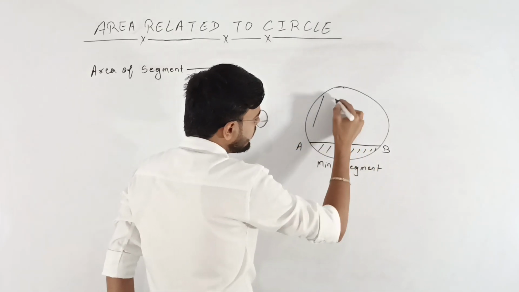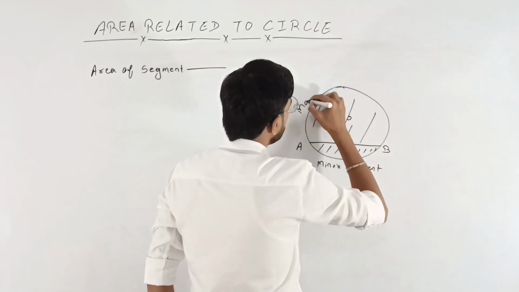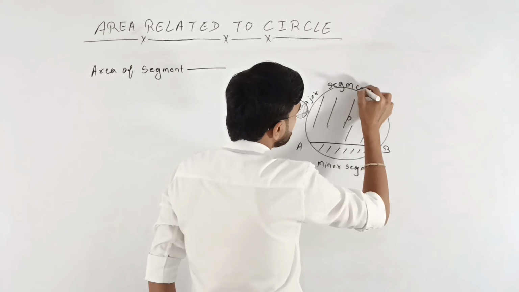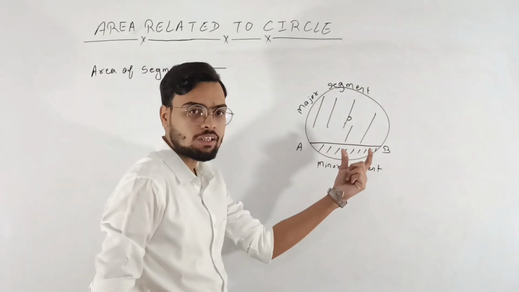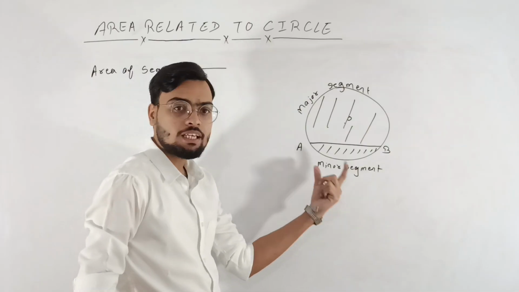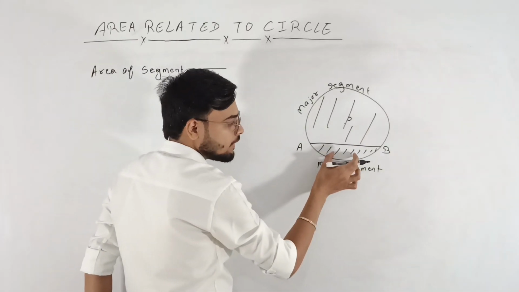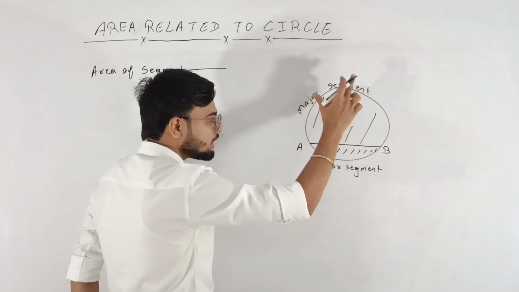And this one is bigger, so we say this is the major segment. Understood? What is a segment? A segment is the area bounded by the chord. In definition, I write: segment is the area bounded by the chord. This is the chord AB, and this area is called a segment, the smaller one is the minor segment, and the bigger one is the major segment.